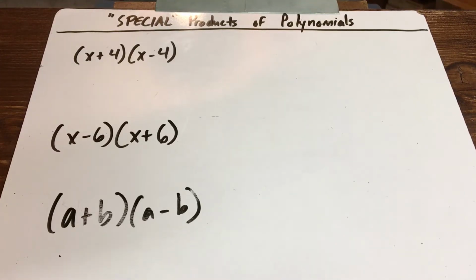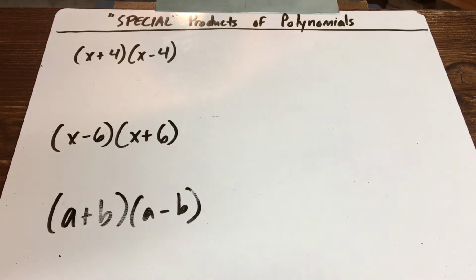In today's video, we're going to build off of my most previous video where we discussed how to multiply polynomials. And to be perfectly honest with everybody, this lesson is not exactly a requirement that you have to know. This is just kind of a shortcut.